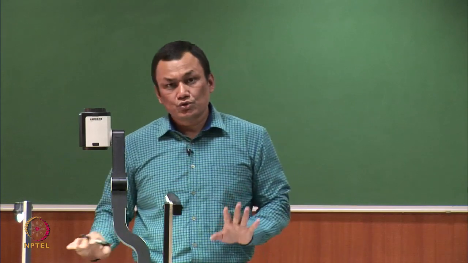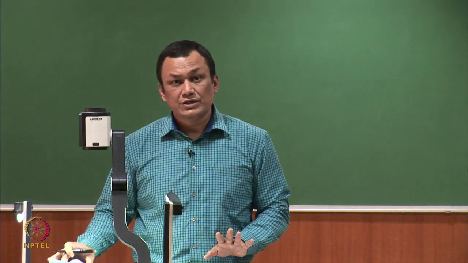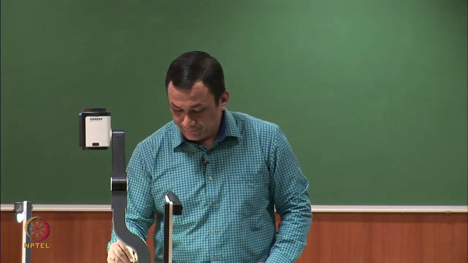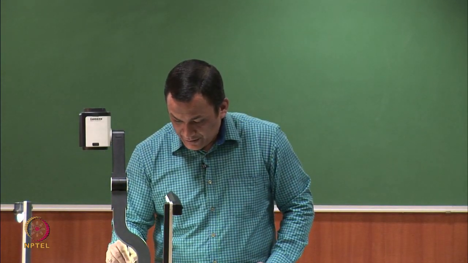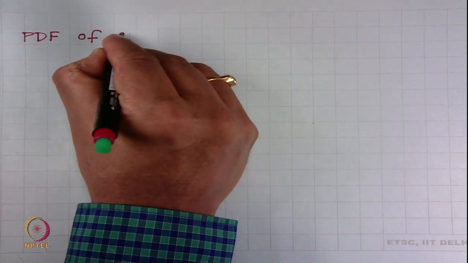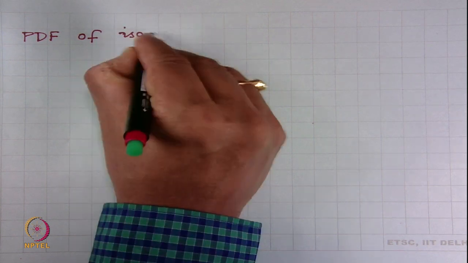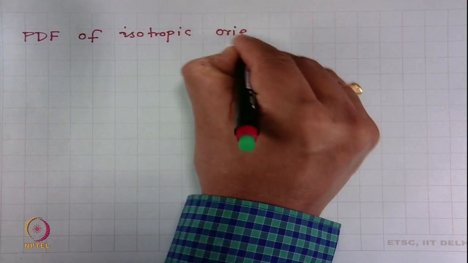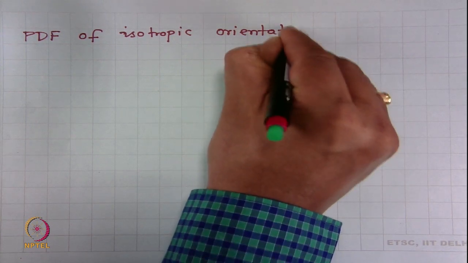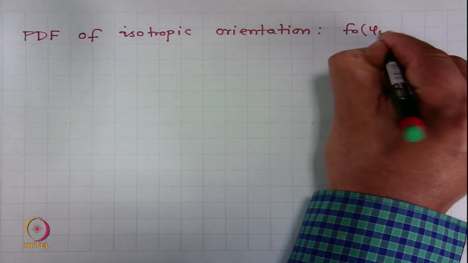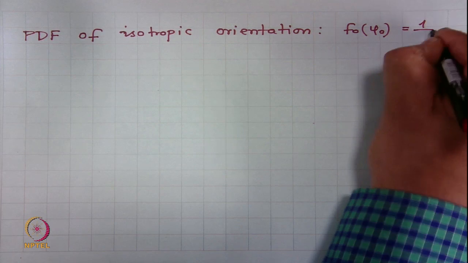So, two expressions we obtained, they are very important. One, PDF of isotropic orientation: f naught psi naught is 1 by pi.